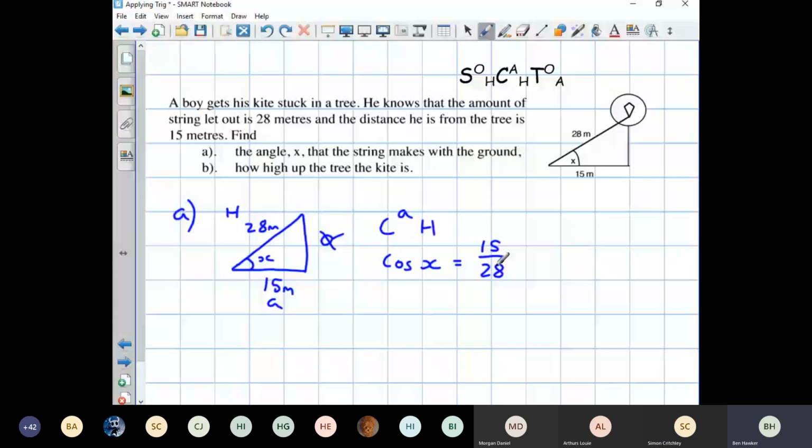And then to find X, we take the inverse of cos 15 over 28, which is going to be equal to 57.61 degrees. I'm putting it to 2 decimal places at the moment. The question hasn't asked, so I feel like that's an appropriate degree of accuracy.